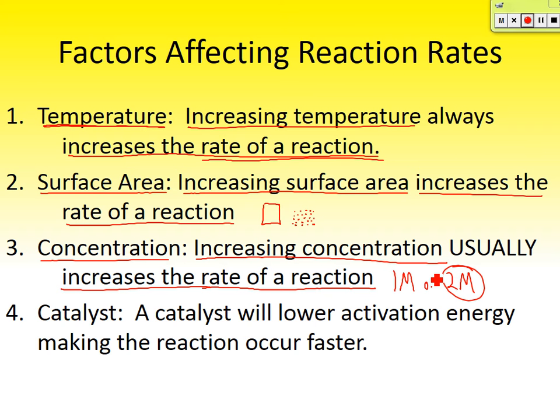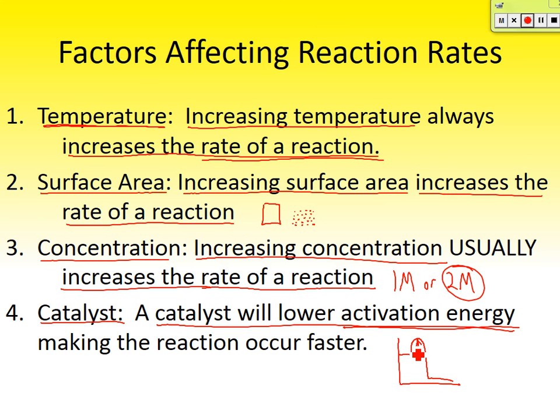Okay, and then the final way to influence a reaction rate is a catalyst. A catalyst will lower the activation energy for the reaction, making the reaction occur faster. If you remember what activation energy is, it's that hill. If we drew an energy diagram, the activation energy is this hill.